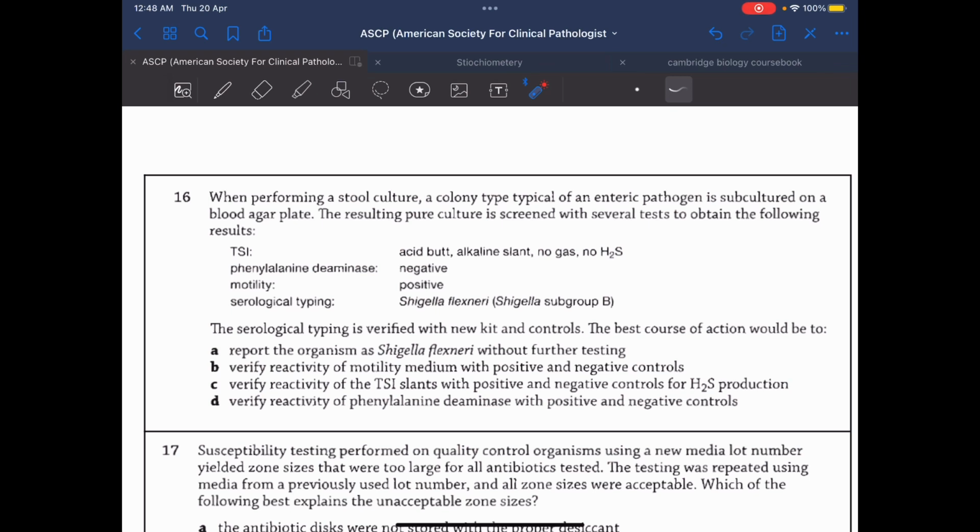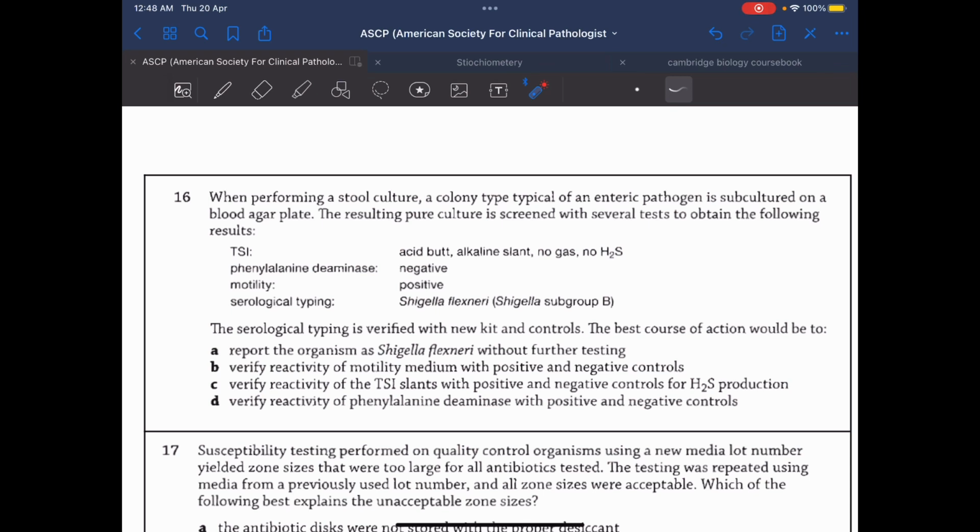Verify reactivity of motility medium with positive and negative control. Verify reactivity of TSI slants with positive and negative control for H2S production. Verify reactivity of phenylalanine deaminase with positive and negative control.